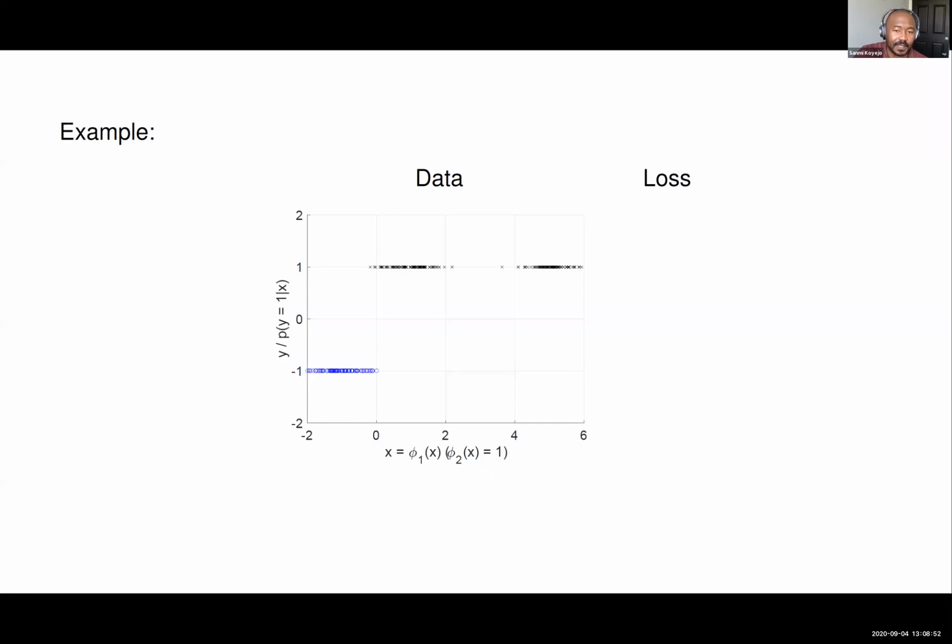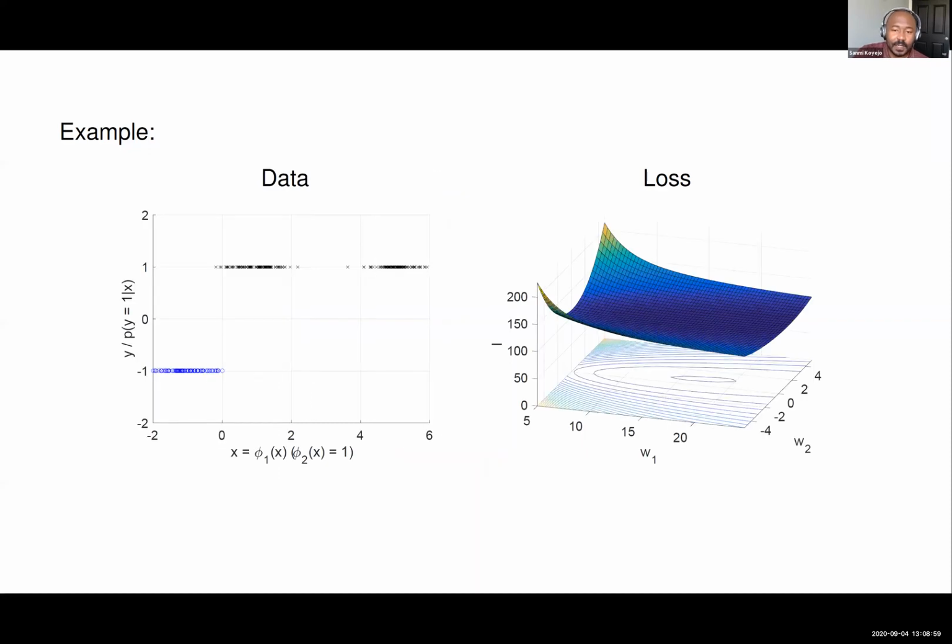So again, we were motivating using logistic loss because we had data that looked like this, where squared loss behaved badly. If I plot out the loss function for this simple problem, where W is two-dimensional, here's an example of what it looks like.